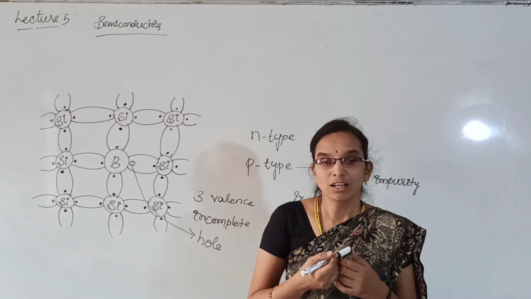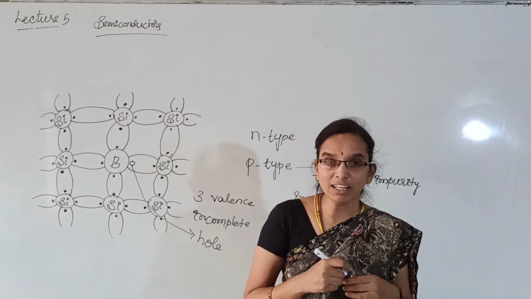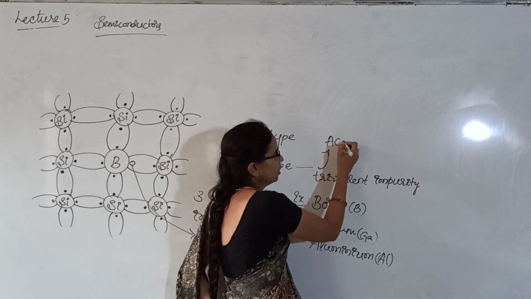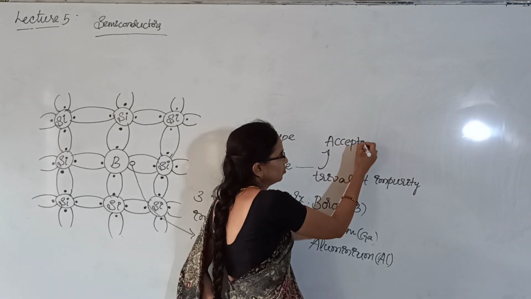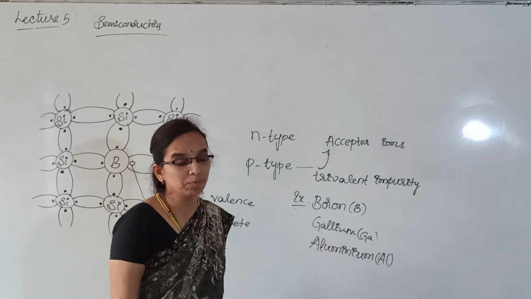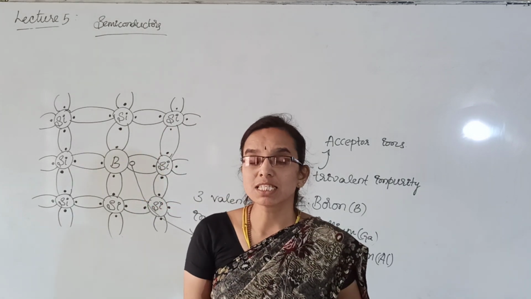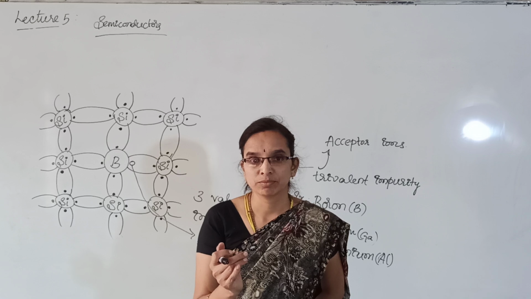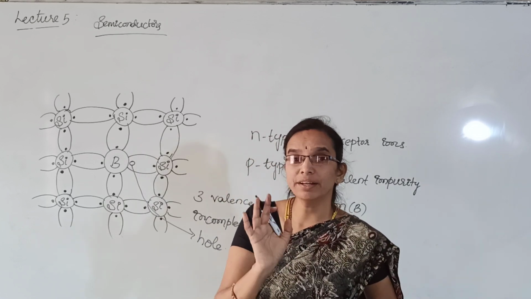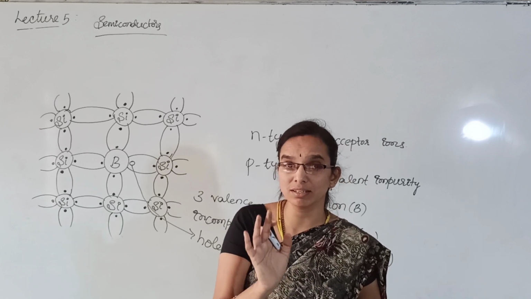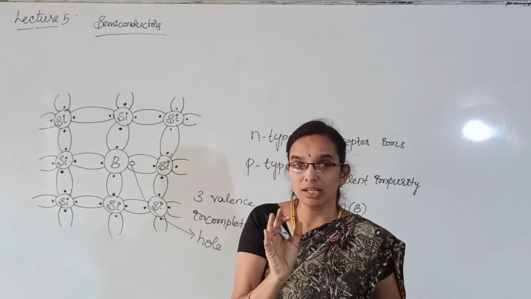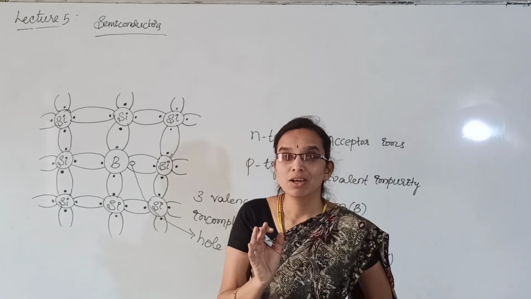Okay, so these trivalent impurities are also called as acceptor ions, because these will be ready to accept. What happens? Boron atom, if there are 100 atoms in a silicon crystal, if you add some 5 atoms of boron, small amount of impurity atom, what happens?